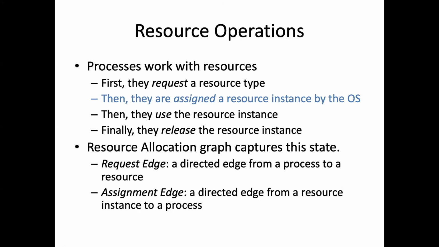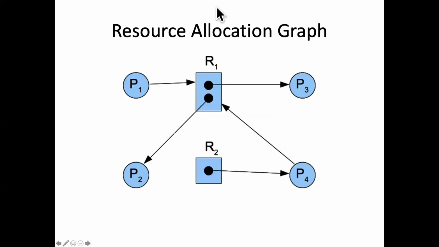The way we're going to notate this, so we've got circles for processes and little boxes for resources, we're going to draw arrows between them to show what resources processes have requested and what resources have been assigned to the processes. And we're going to call those arrows edges. A request edge, I got a picture for this. So a request edge is one like this one up here.